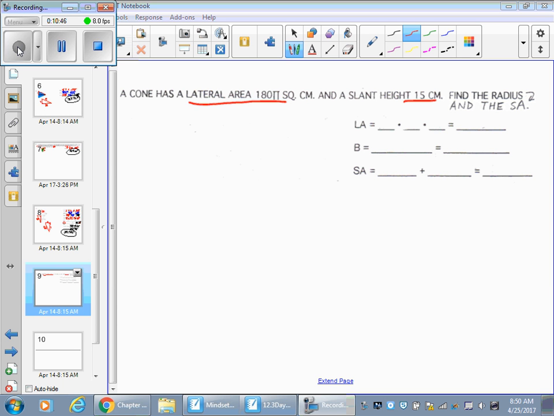We need to figure out the radius and the surface area. All right, so let's do the first one. We want this to be pi, and we don't have the radius, and then the slant height of 15. But we can figure out the radius because they gave us the lateral area, and that's 180 pi.